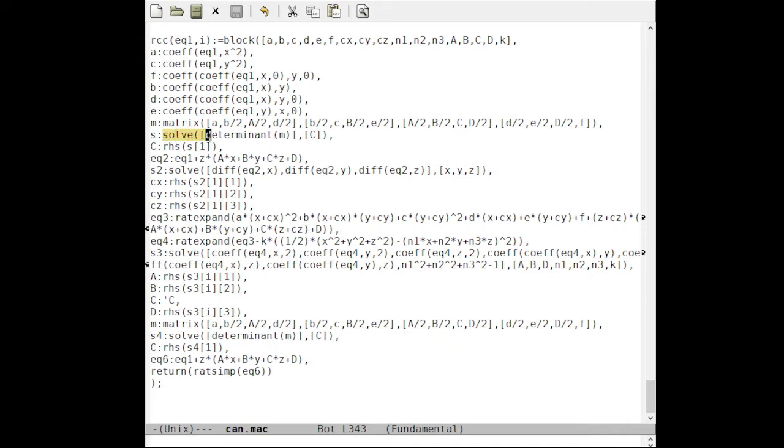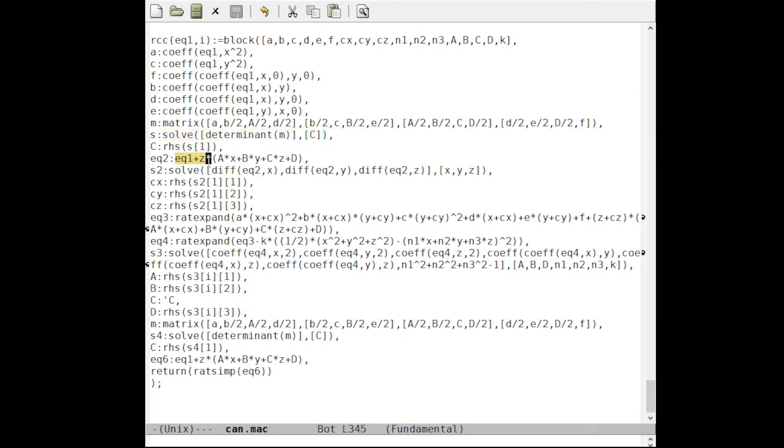Then the miracle is that C enters into this with a linear term, so we can solve for it.